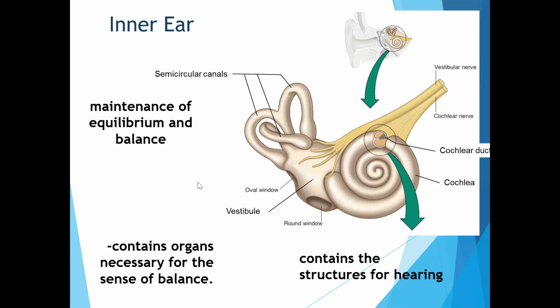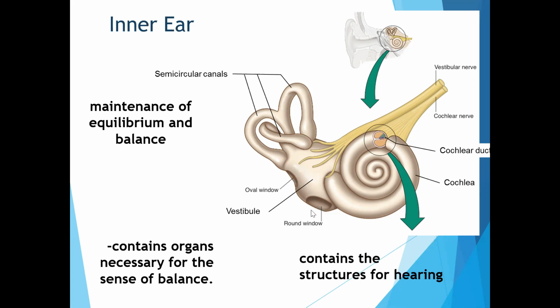I thought I had one more slide, but let me pop back up to this one. Okay, so as I said, the semicircular canals, you should think of equilibrium and balance. The cochlea has all of our structures for hearing itself. The oval window is where our malleus, incus, and stapes end up transmitting that sound.